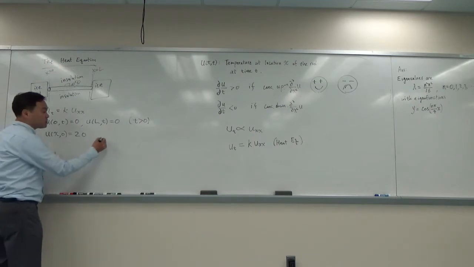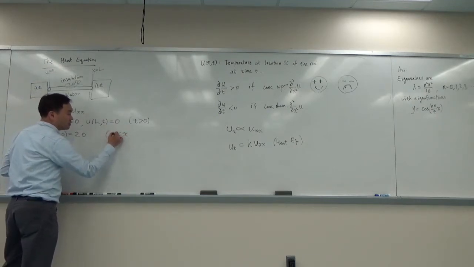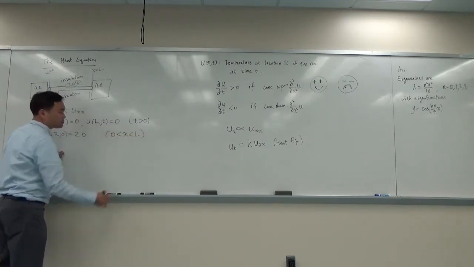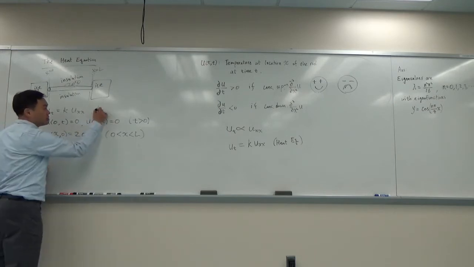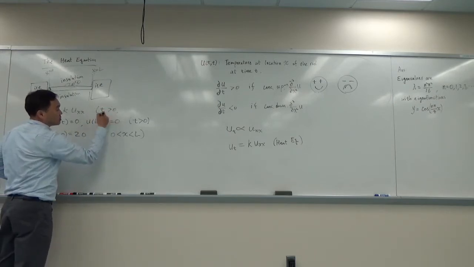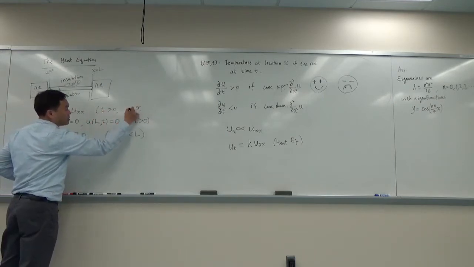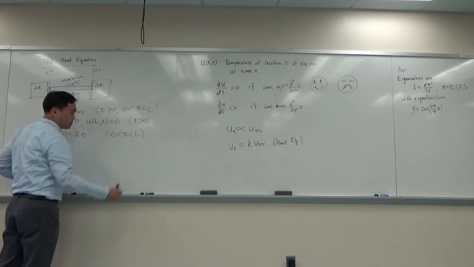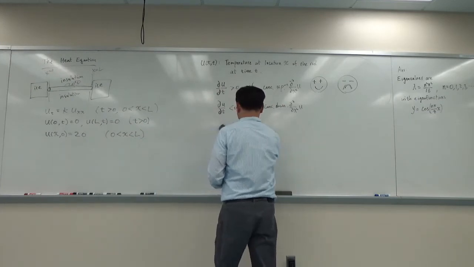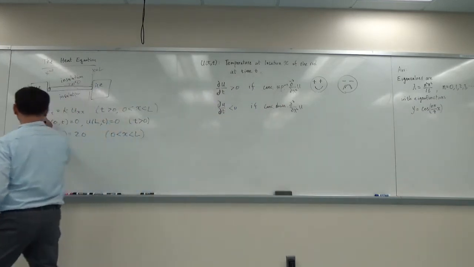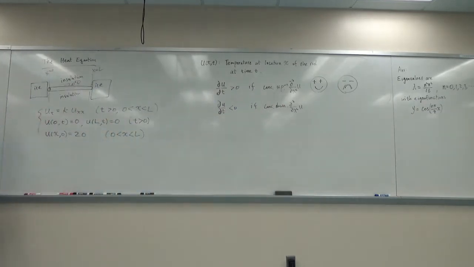And that should be true for x between 0 and L. And the boundary conditions should hold for all times, and this one for every x. And this is a heat equation that you can solve.